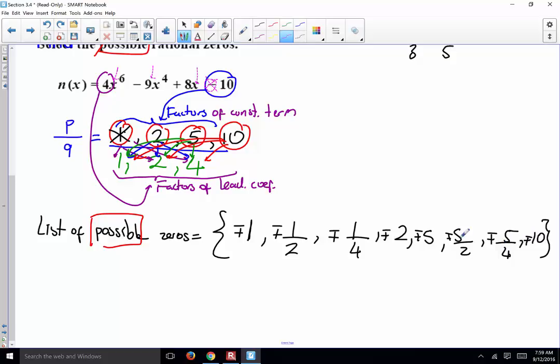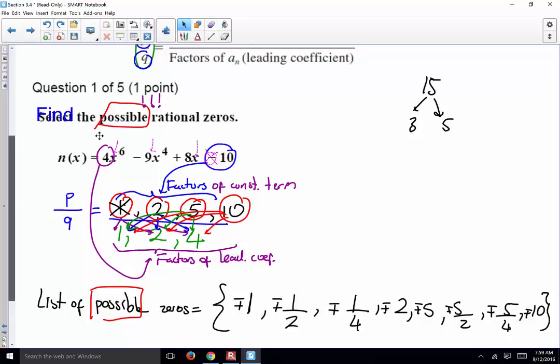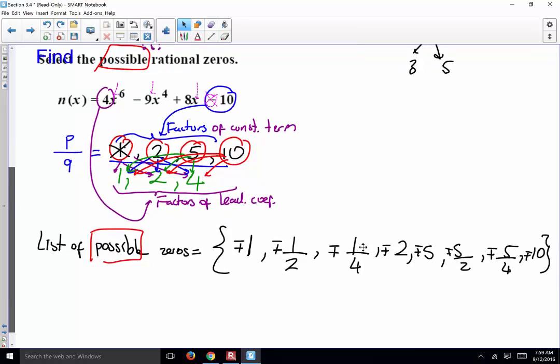They can be zeros, but are all of them zeros? No, maybe only 1 out of 16 makes this thing 0, or maybe 10. We need to test them. Are we supposed to test in this question? No, it just says find or list the possible zeros. We will just list this and we're done.